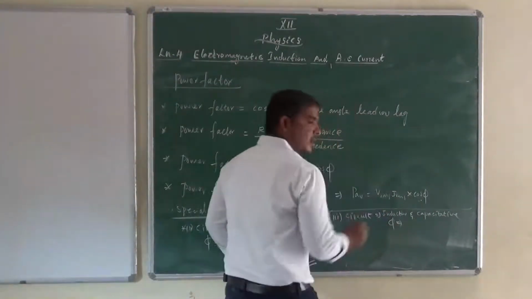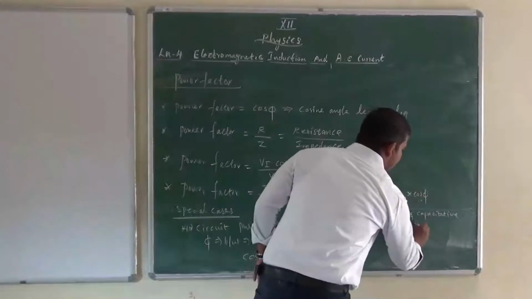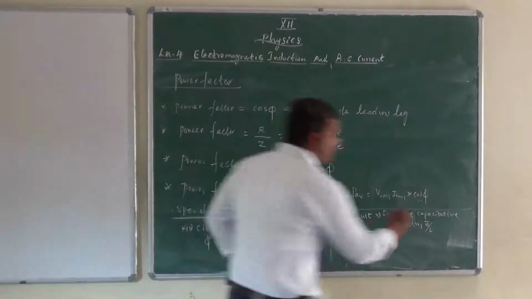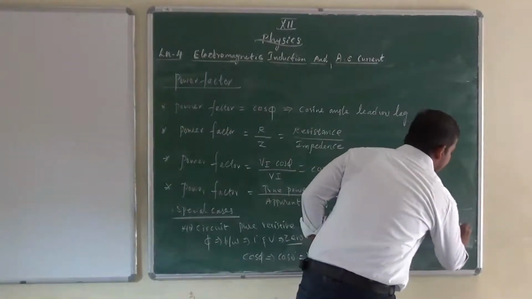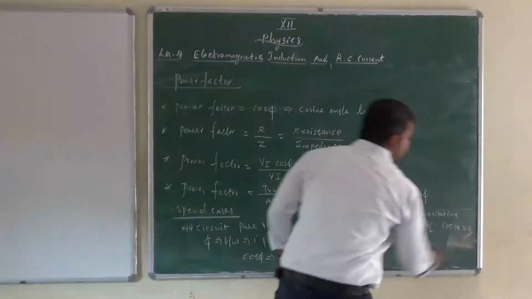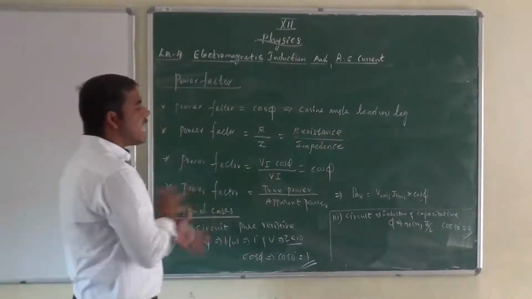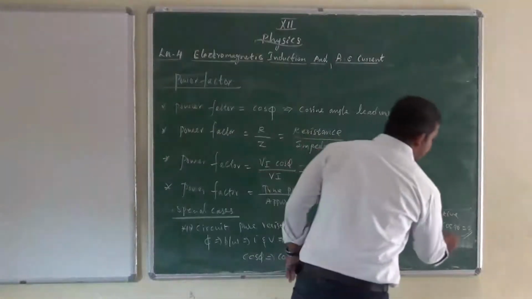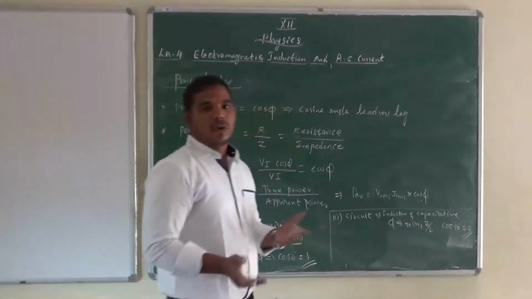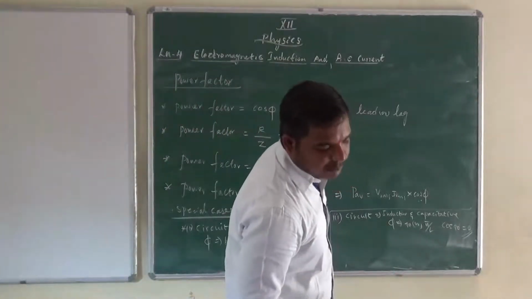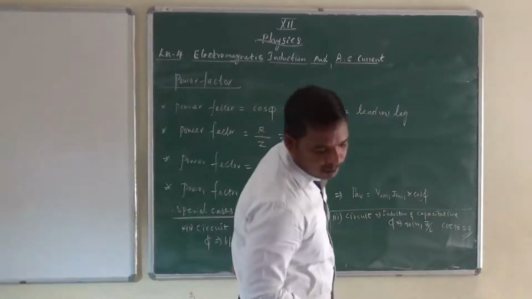The phase angle is 90 degree or pi by 2. Am I correct? So cos 90 degree equals 0. So the phase angle values vary: 0 means 1, then 1 means 0, like that they vary. See, the final condition: the power factor lies between 0 and 1.